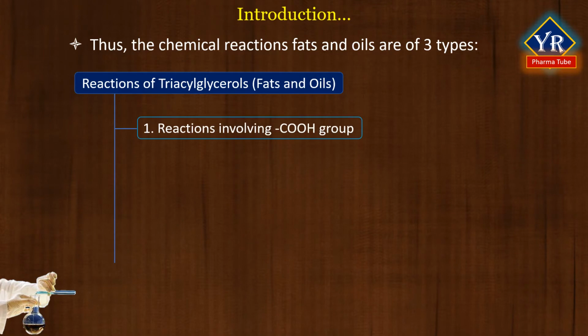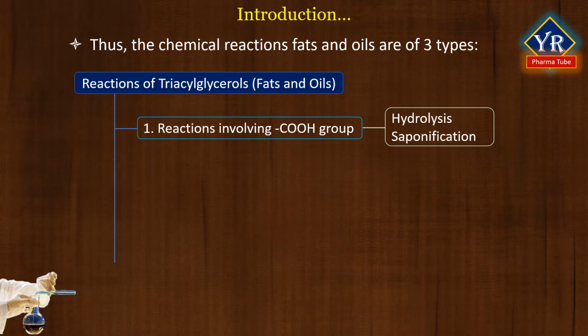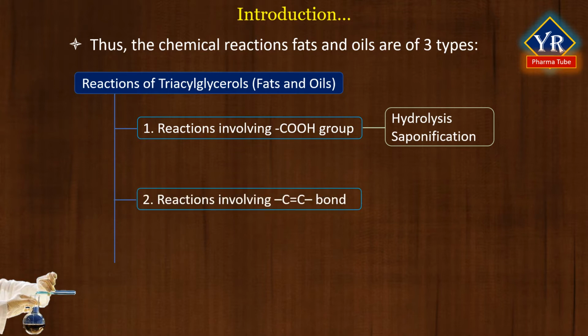Number 1. Reactions involving carboxyl group. We have 2 reactions, namely hydrolysis and saponification, that have effect on the ester group which is produced from a carboxyl group. Number 2. Reactions involving alkene group or the compounds containing C=C double bond.